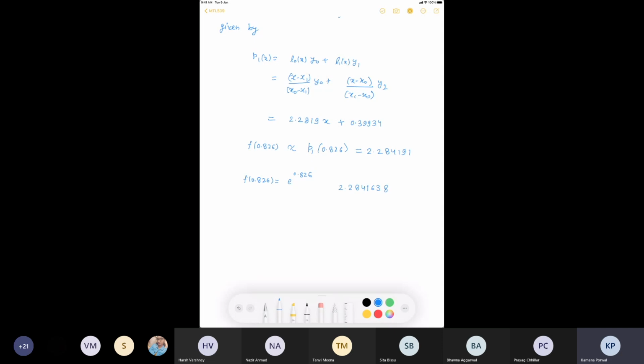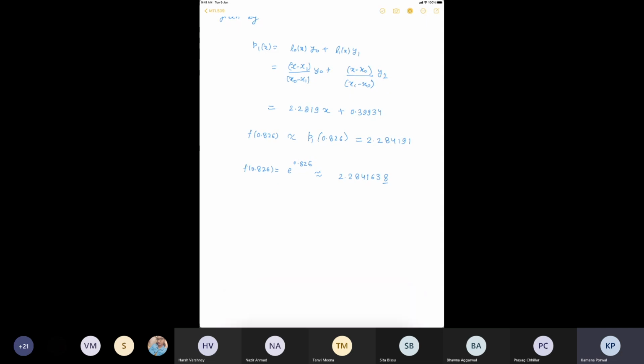I'm doing the rounding here, and I'm not writing the further digits. So let me write this as approximate, because I'm just truncating it at the seventh digit here, in the sense of rounding.